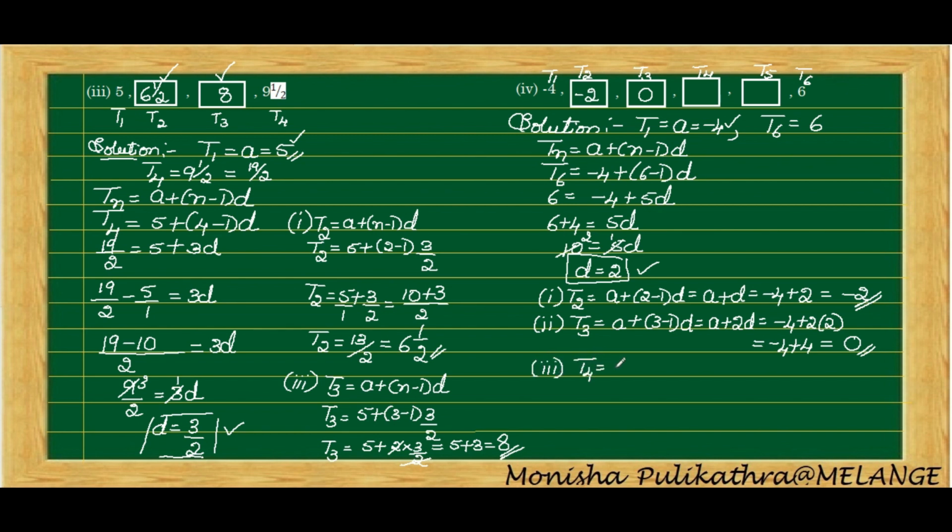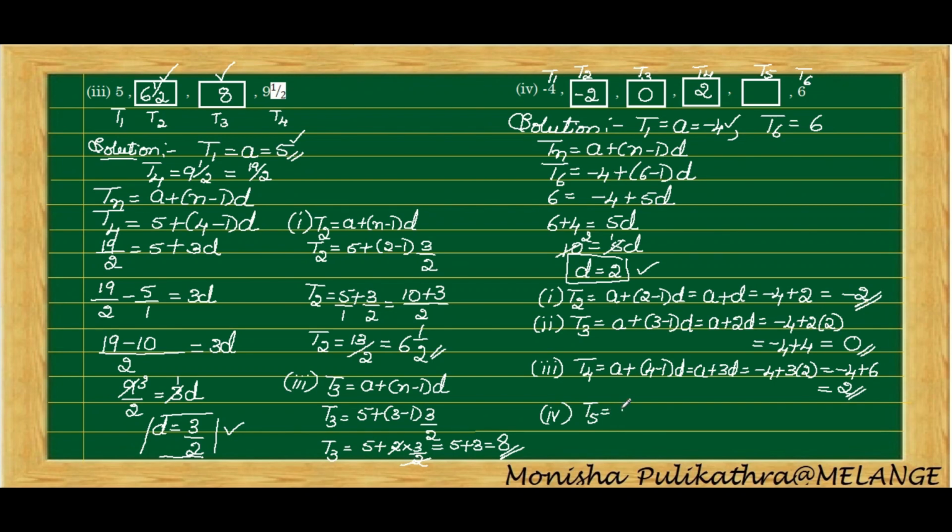So next moving on to T4. T4 is equal to A plus 4 minus 1 into D. So it will become A plus 3D. So A is minus 4 plus 3 into 2, that is minus 4 plus 6. So minus 4 plus 6 is 2. So 2 is the value for the fourth term, T4. So next, it is T5.